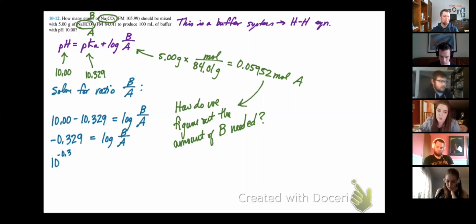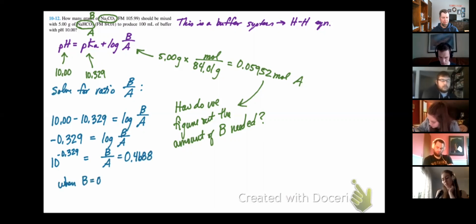This should be something you've seen done or done yourself enough times that it's pretty routine to calculate that ratio. We end up with 10 to the negative 0.329 is equal to B over A. Solving for that, we end up with a value for that ratio of 0.4688.